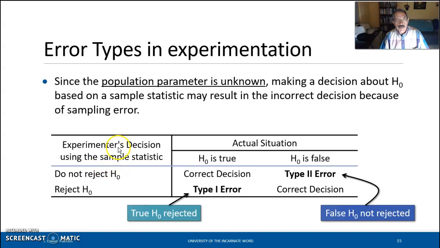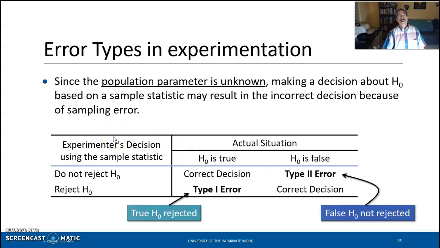So if the experimenter decides not to reject the null hypothesis and the null hypothesis is true, the experimenter has made the correct decision. However, if the null hypothesis is false, then the experimenter has incurred what is called the type 2 error, where he or she did not reject a false null hypothesis.